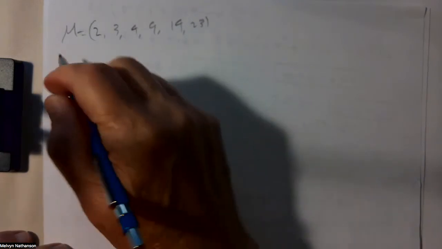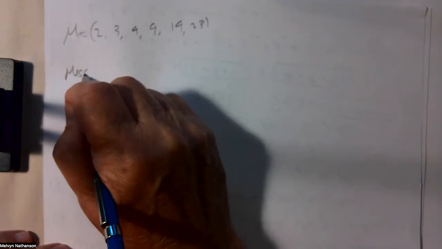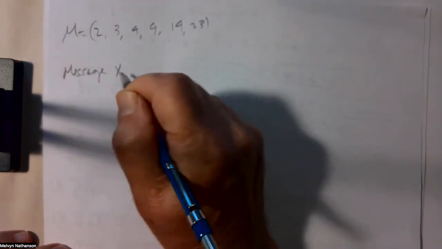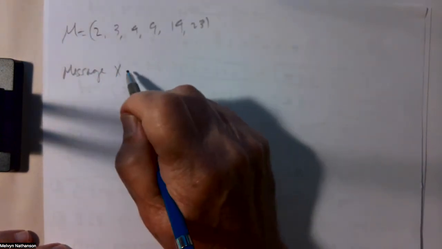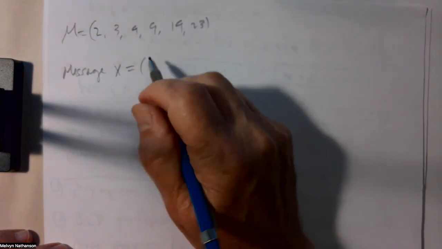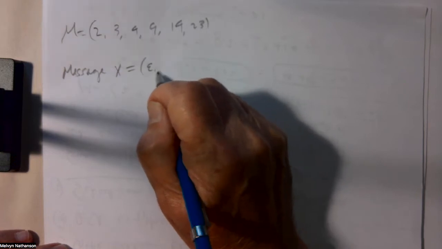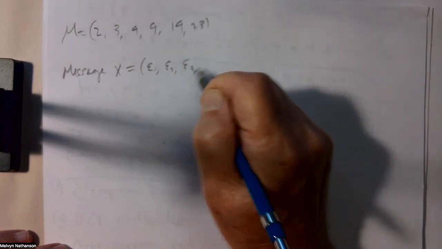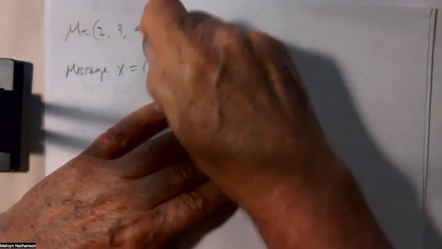So a sequence of zeros and ones is the equivalent of a number. So suppose I have a message X to transmit. And suppose X is some sequence, epsilon 1, epsilon 2, epsilon 3, epsilon 4. Well, actually, I can just use X's. Easier.